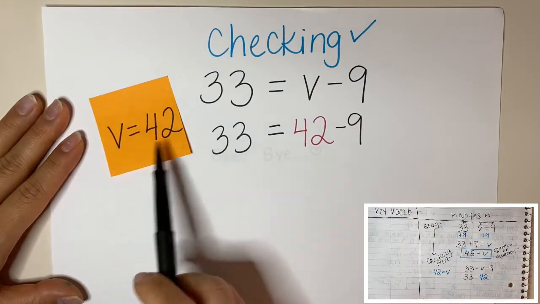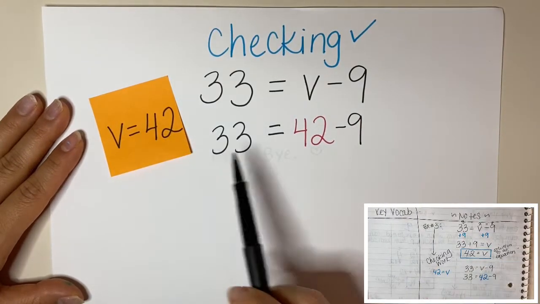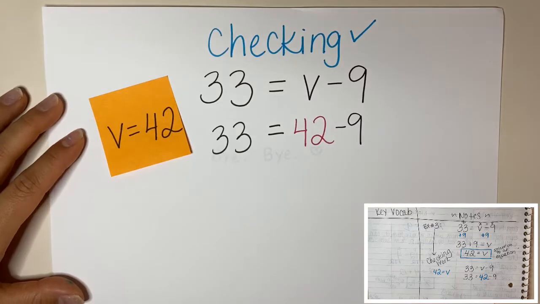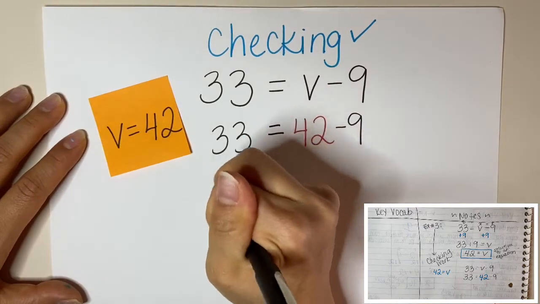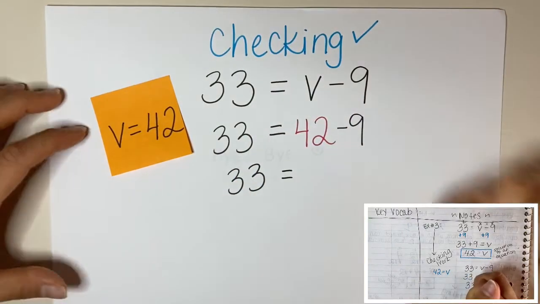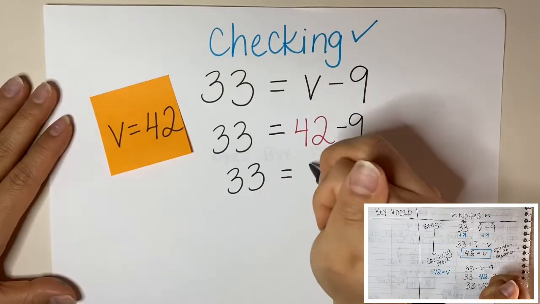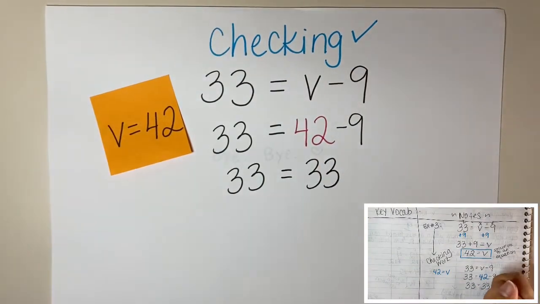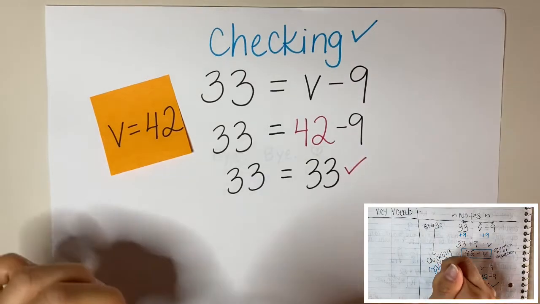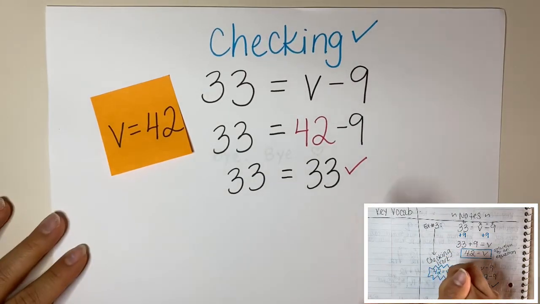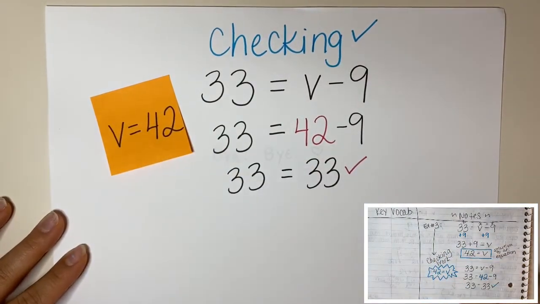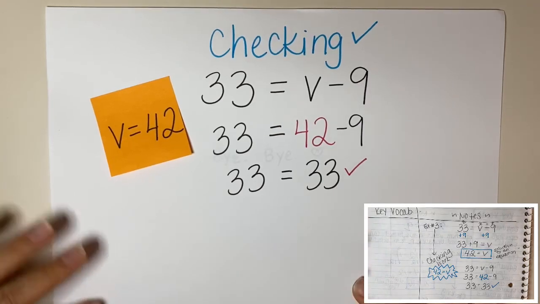I will know if this is the solution to my equation if both sides of my equal sign have the same value. 33 is equal to 42 minus 9. That's 33. We see that v does indeed equal 42.